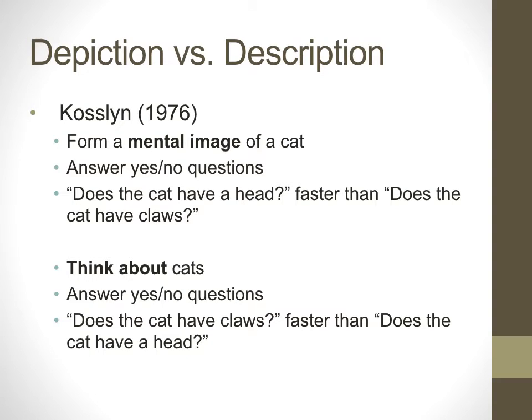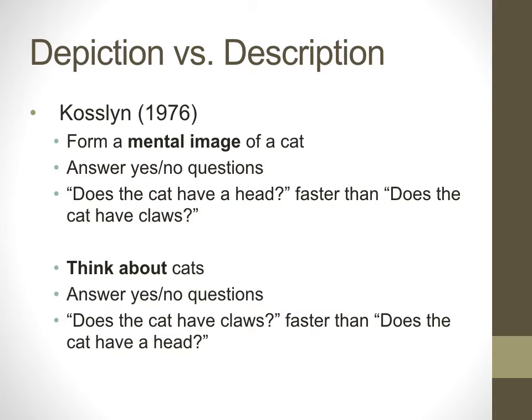So the point here is that there's a pattern of what information is included depending on whether you're visualizing and depicting something versus describing something. In a particular study by Kosslyn in 1976, research participants were asked to form a series of mental images and answer yes or no questions about each of them. For example, they were asked to form a mental image of a cat and then were asked questions like, does the cat have a head?